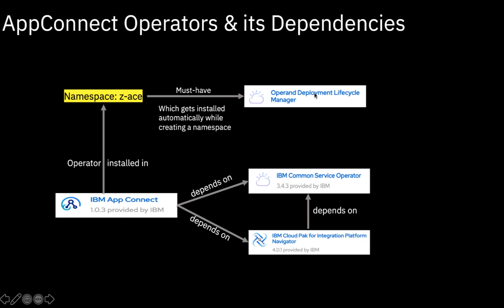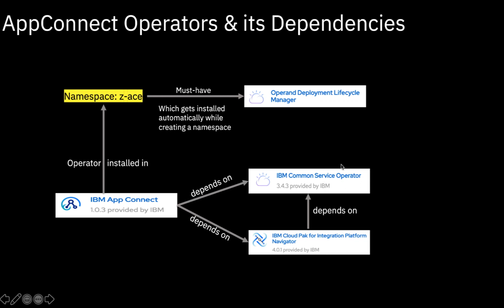Then for you to install the IBM AppConnect Operator, it is dependent on the Common Service Operator as well as the IBM Cloud Pak for Integration Platform Navigator Operator. So you should have these two first. If you look at these two, Platform Navigator is dependent on this, so this takes the highest precedence.